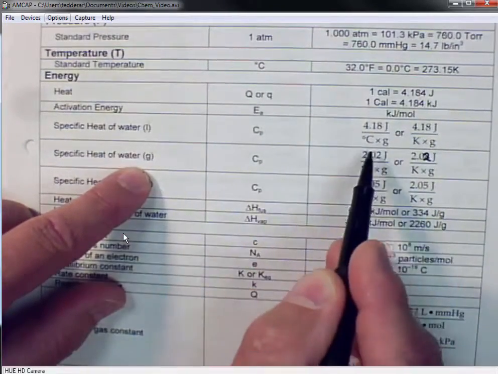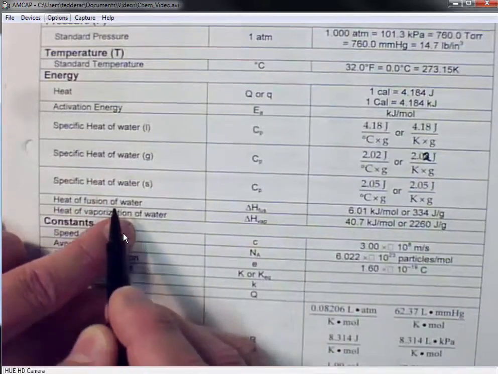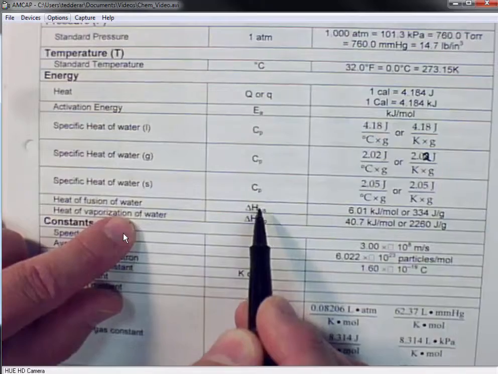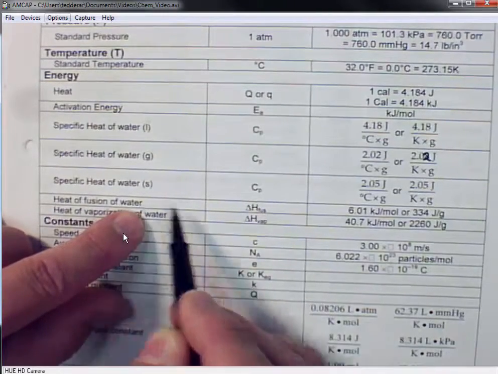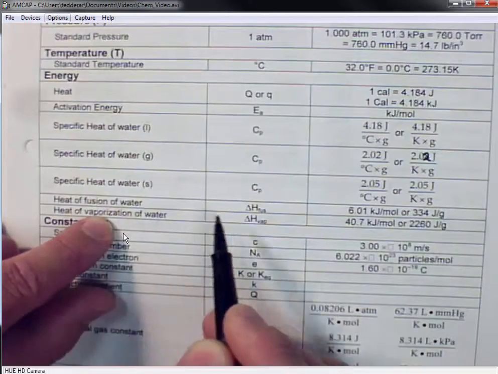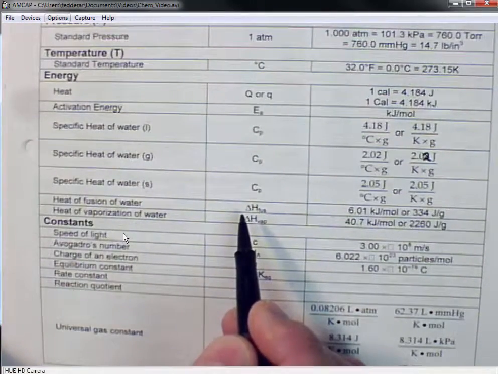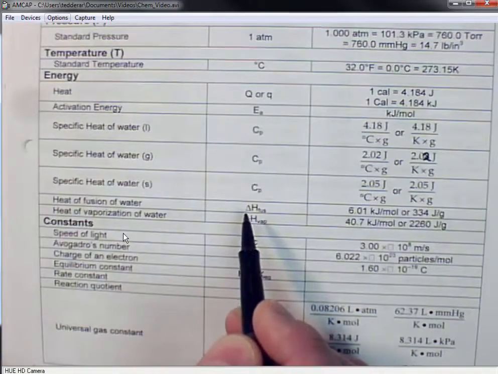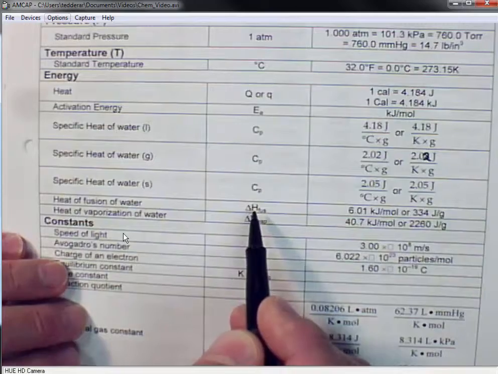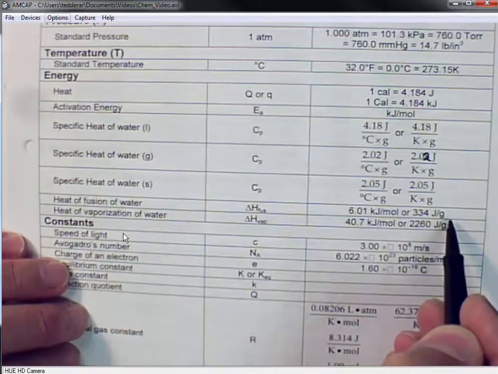For gas or steam, there it is, and for solid water or ice is right here. It's also showing you what the heat of fusion, or the enthalpy of fusion, is for water, and the fusion heat is the heat put in to melt a sample of ice, or taken out to freeze a sample of water. It's the same value, and that number is 334 joules per gram.